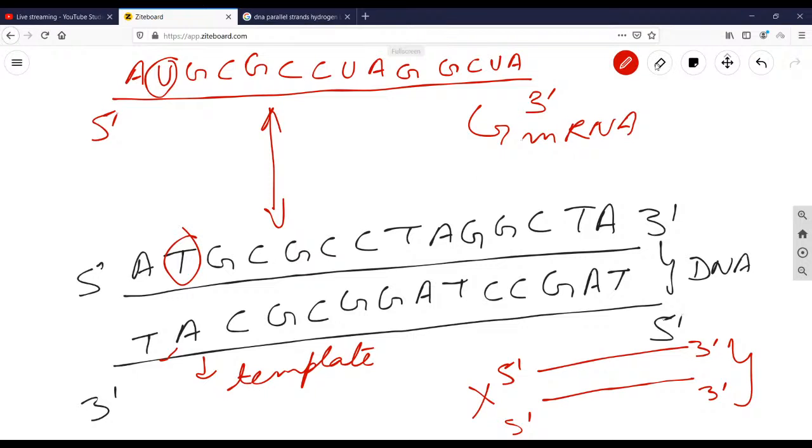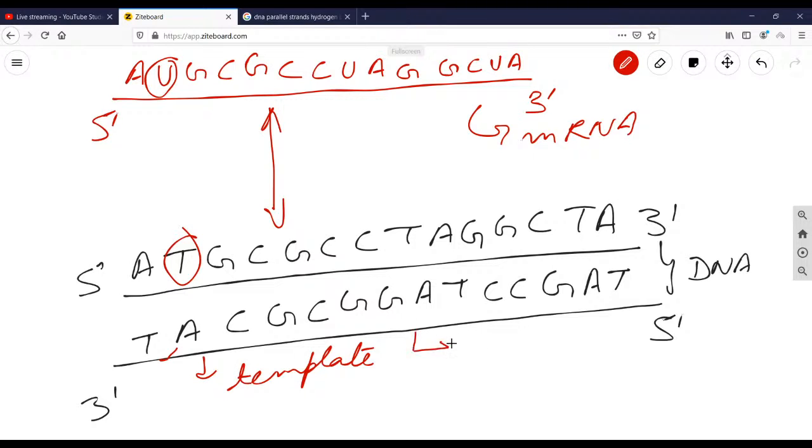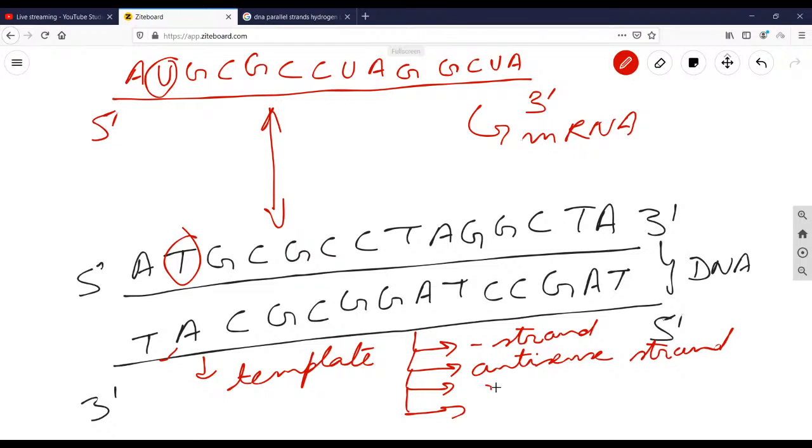Keeping this in mind, historically, scientists have bestowed some terminologies upon both these DNA strands. This is known as the minus strand, antisense strand, non-coding strand, and template strand.